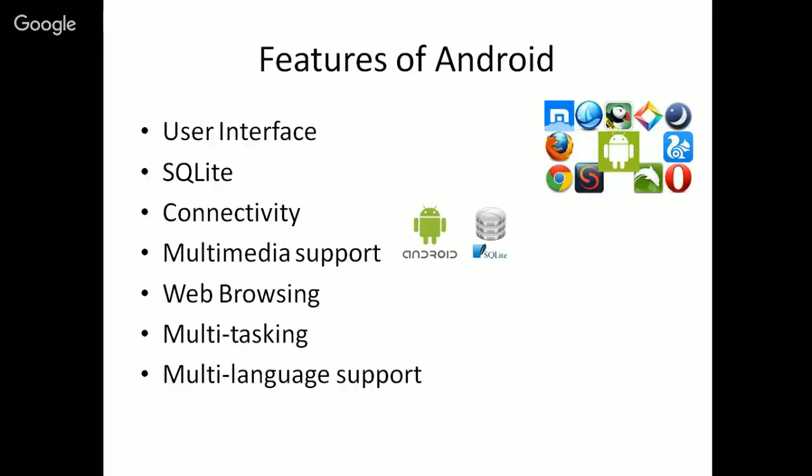So one of the features of Android is its speed, its reliability, and its matters about security. Android is equally fast, reliable, and secure as any other operating system or any other applications that we know.